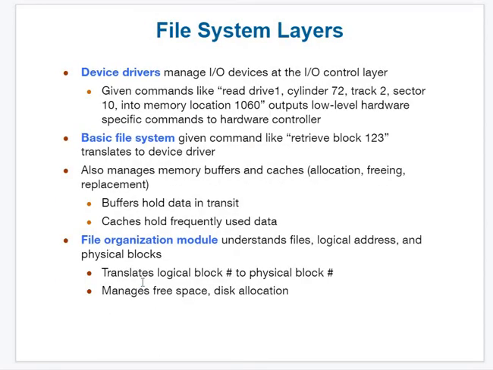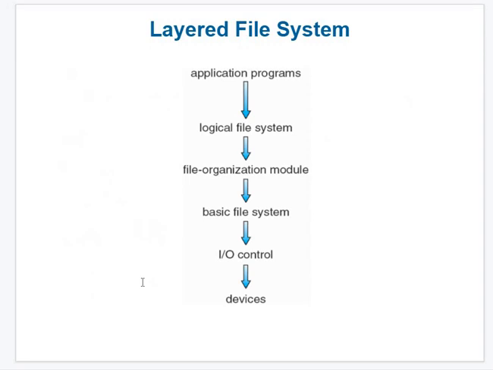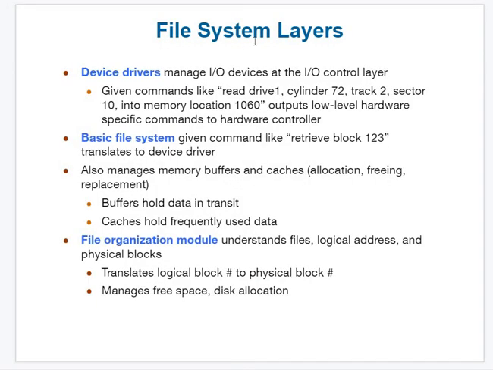Next, the different layers of a file system that I told about. Device drivers are the hardware on which we are working as a file. The basic file system tells us the general information about the file system, like what buffers and caches will hold for the duration.